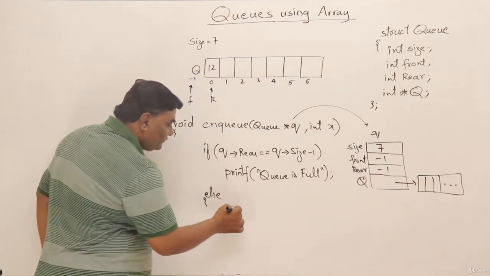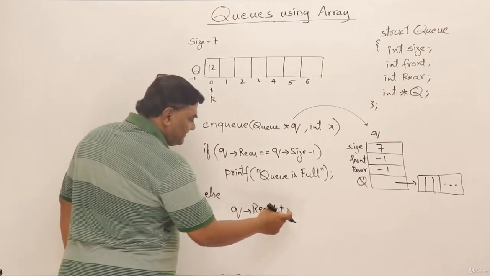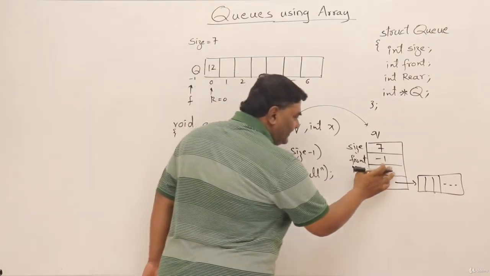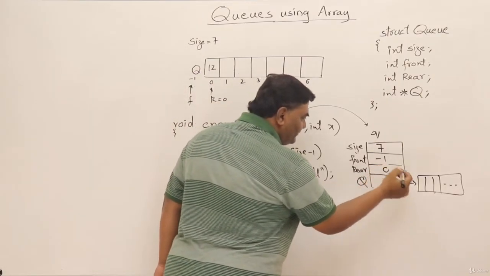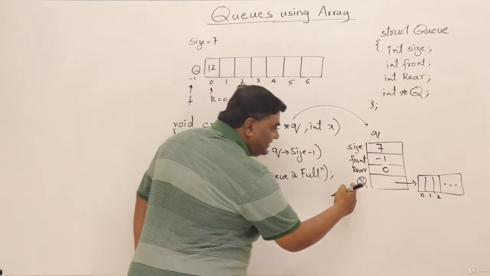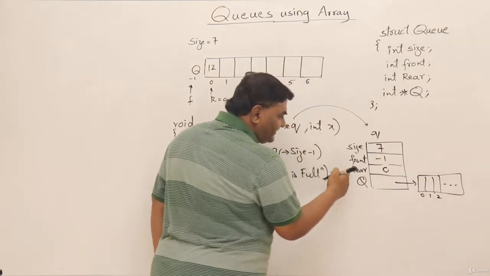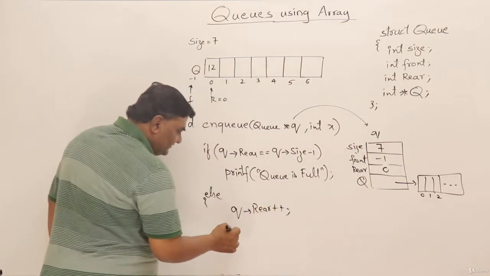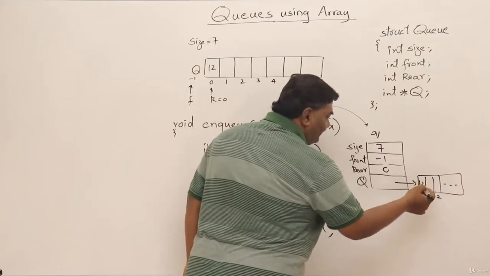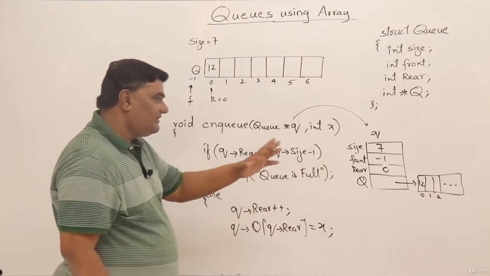Rear becomes 0, which means it's pointing at index 0. Then at queue's rear position, I should insert the value. So whatever value you are inserting, like 12, it will be inserted there.